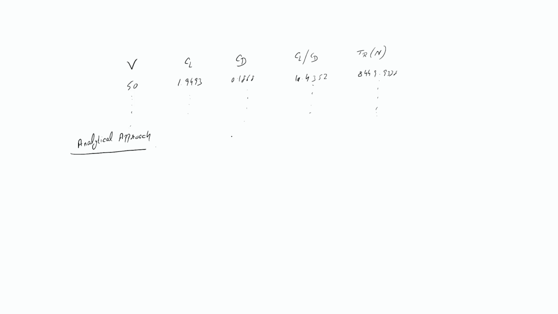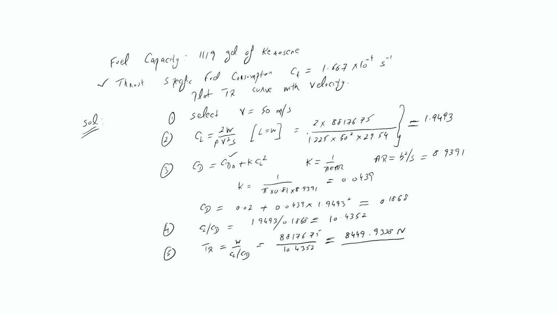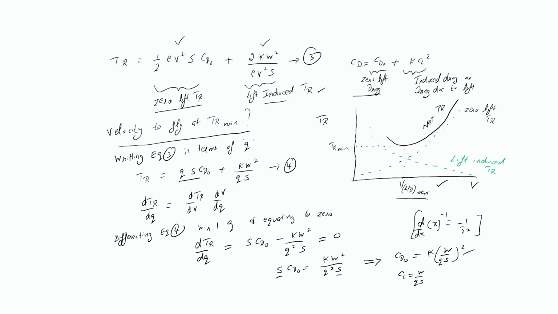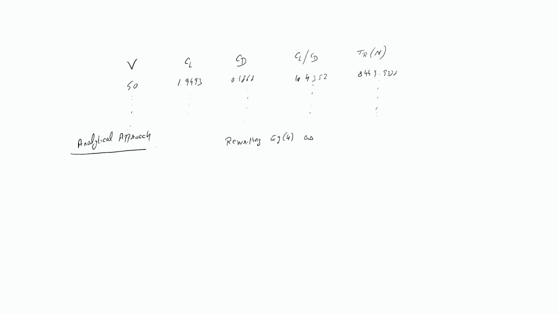Okay, now I'm rewriting equation 4. So this was equation 4, thrust required equals to q S CD naught plus K W square upon q S. This was equation 4.